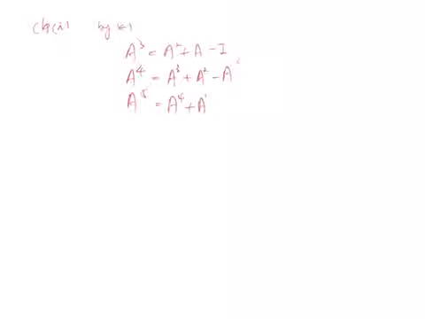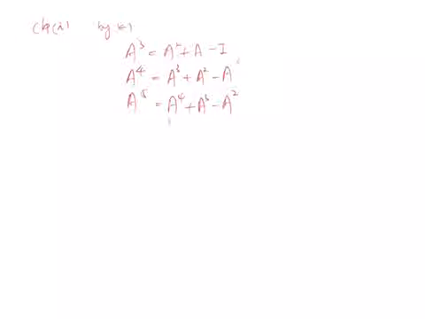Now for B1, we may have other possible methods to do it. For example, if we don't use mathematical induction, then we can use part A. Now A cubed equals A squared plus A minus I. And then we multiply the whole equation by A, so you have A to the power 4 equal to A cubed plus A squared minus A. And then you multiply again, so you get something like this.